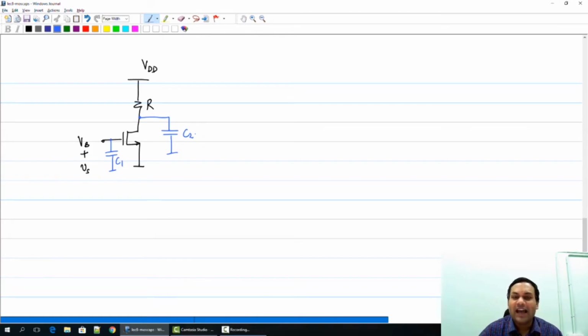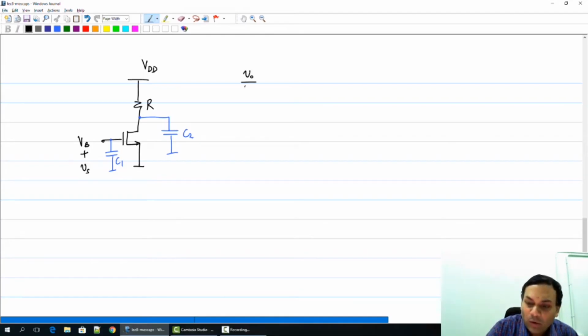Because normally, given the size of the device and given the device properties, I can calculate what C1 and C2 are. So for now, at the system level, I am just going to assume that there are capacitances C1 and C2.